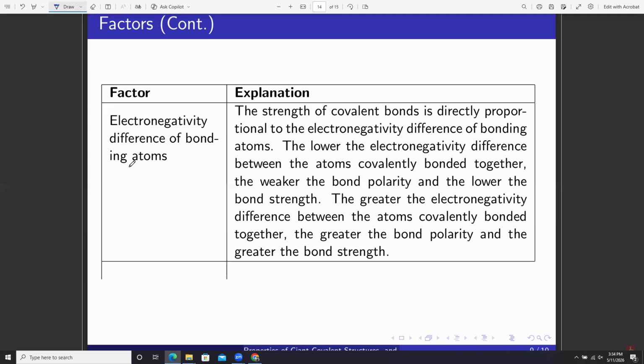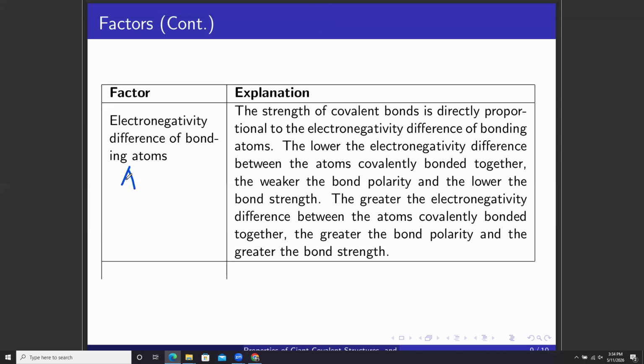Now that I explained what electronegativity means, I'm going to consider two atoms, A1 and B1.